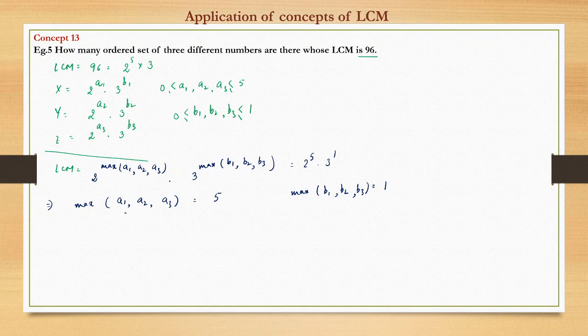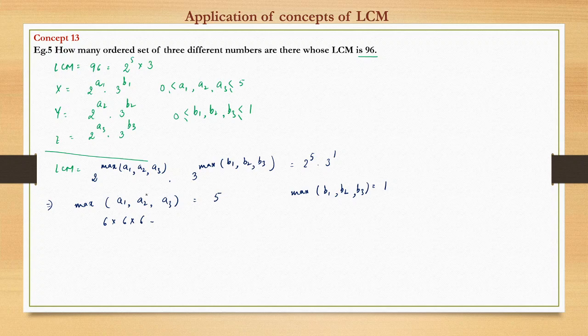So how many cases are possible? A1 can take how many values? A1 can take values from 0 to 5, those 6 cases. So 6. Similarly, A2 can take 6 cases, A3 can take 6 cases. But we want at least one of A1, A2 or A3 to take a value equal to 5. So this is the total case. There may be a possibility that none of A1, A2, A3 takes a value equal to 5, right? So we will subtract those cases where none of a1, a2, a3 takes values equal to 5.